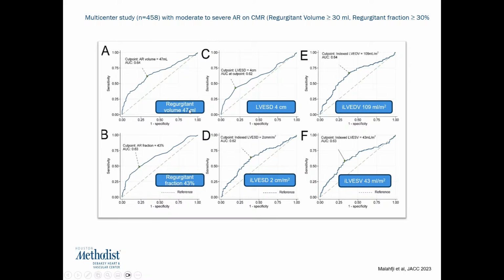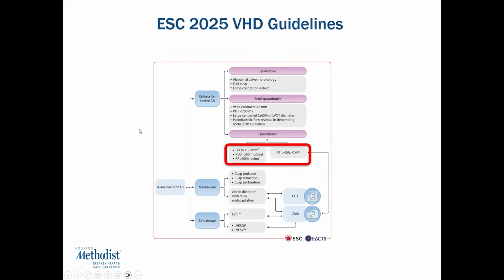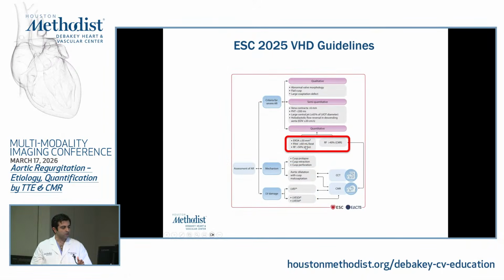So don't wait on that regurgitant volume of 60 cc's and the regurgitant fraction of 50%, particularly for aortic regurgitation. Once you're in the 40s for regurgitant fraction, this is significant. And the guidelines now on the ESC side go by a regurgitant fraction of 40% or greater as being significant on MRI. Now, these are going to be re-evaluated.